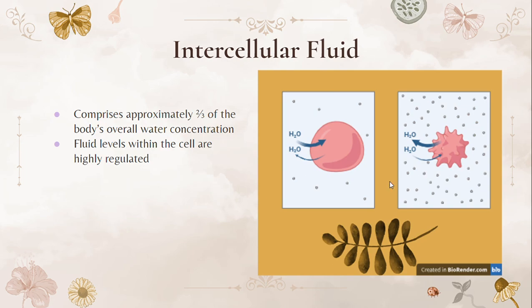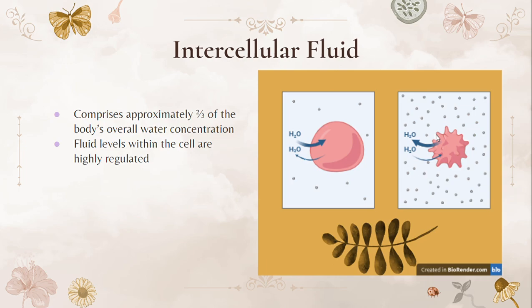So if we look at this little diagram I made using BioRender, when these fluid levels are not closely monitored, if a cell takes in too much fluid, it will swell and lyse, meaning it will burst. Now, if a cell is giving away too much fluid, it's going to shrivel up.